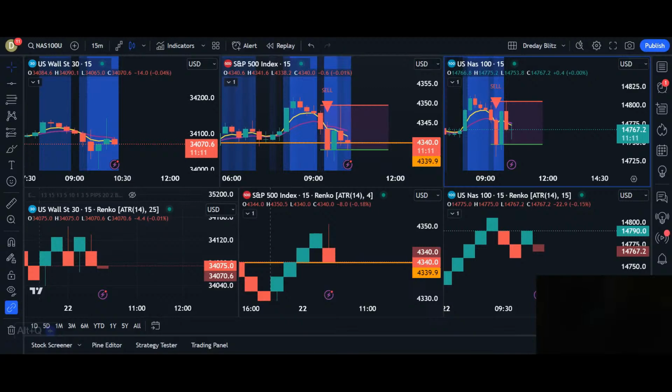So if you're really a good scalper, a good sniper, you're able to take advantage of those types of moves. Me personally, I do not trade like that. But if you're someone that loves to do that, you're able to do it with EMX AI.